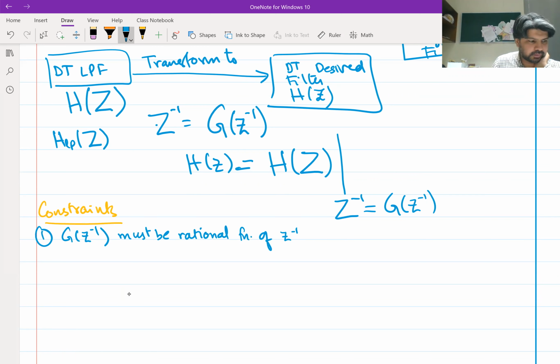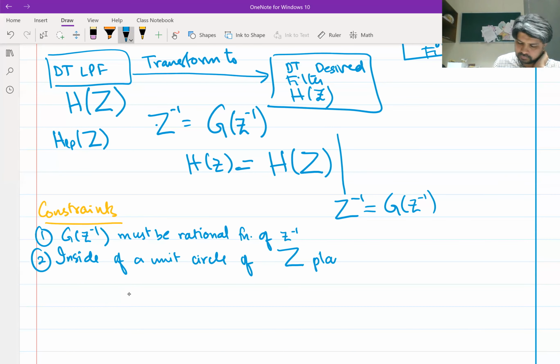Number two, the inside of the unit circle of the capital Z plane must map to the inside of the unit circle of the small z plane.